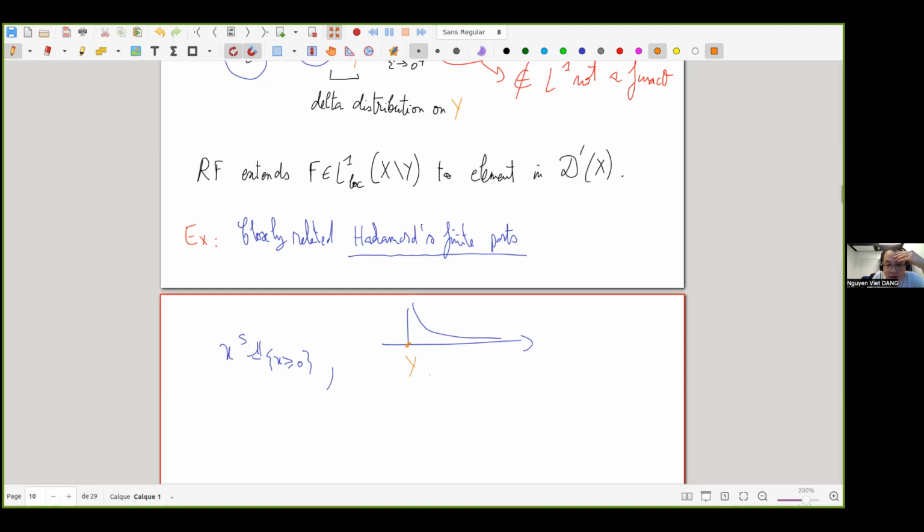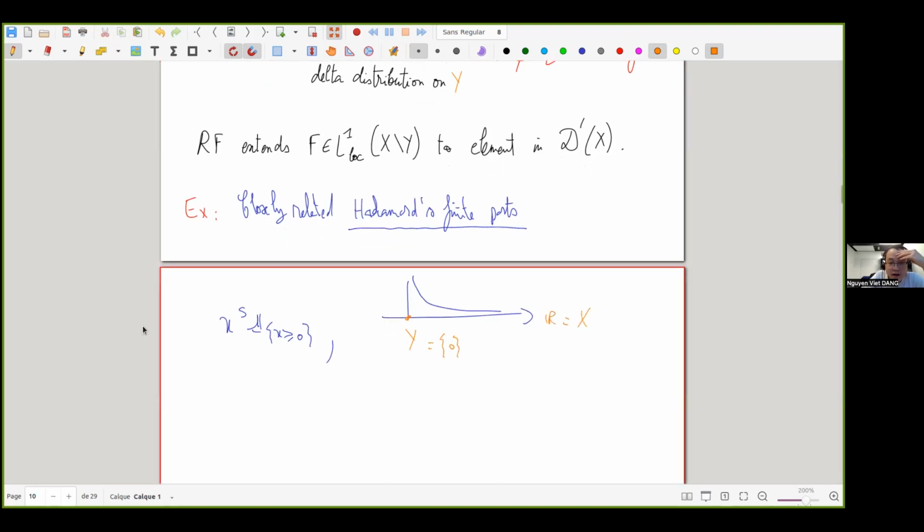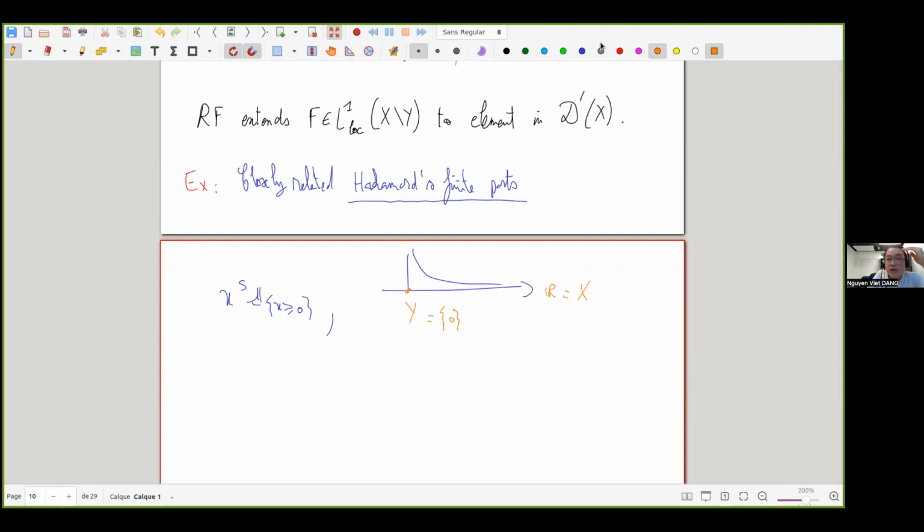Your function blows up at the origin, so Y is 0, and your ambient manifold is the real line, R. You see that if your exponent s is strictly greater than minus the codimension of the point, and you all know the codimension of the point is 1, so if s is greater than minus 1, then it's good.